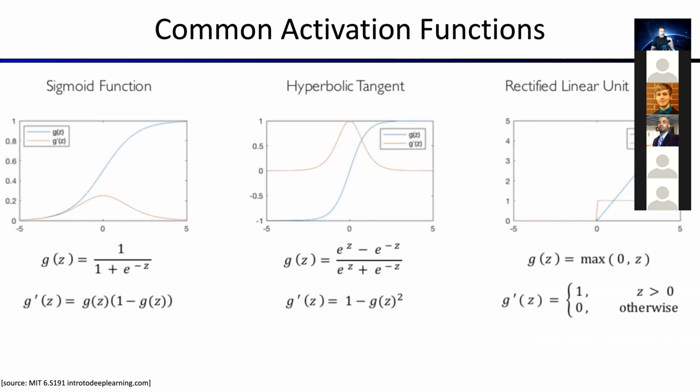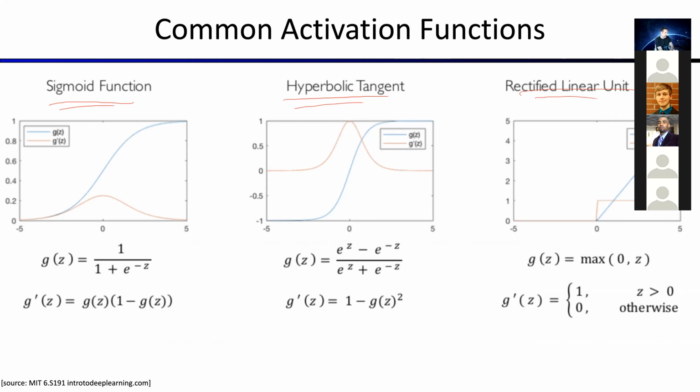So here is what some of this nonlinearity looks like. It's very simple. We have different functions like the sigmoid function, hyperbolic tangent, ReLU function, and many other types of nonlinear functions with different types of transformations.